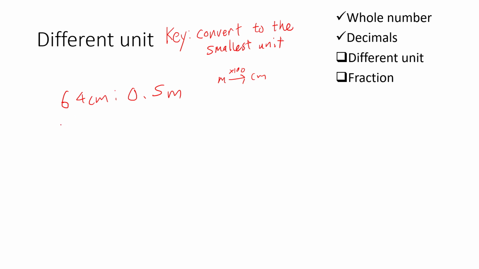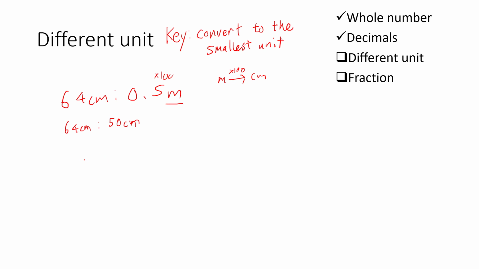So very simple. 64 will still be 64 cm is to this one I multiply by 100. This one here I don't multiply by 100 because I'm changing the unit. So this one will be 50 cm.